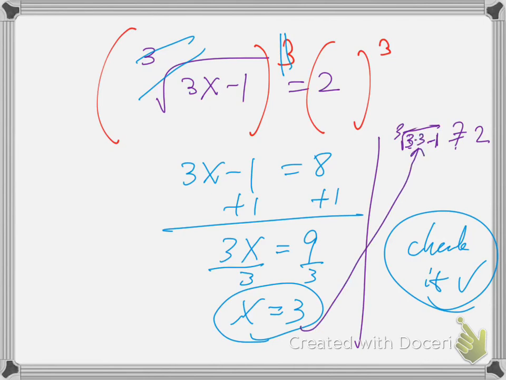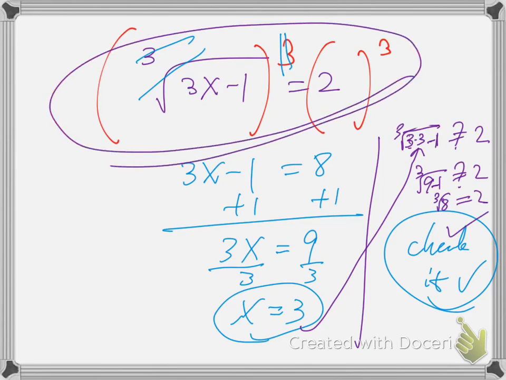It was 3x, so now it's 3 times 3, so cube root of 9 minus 1, so cube root of 8, which is 2. So it is the solution. When you check a solution, always use the beginning given equation.